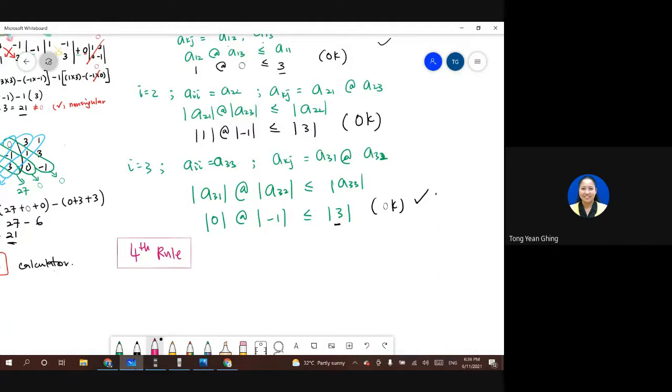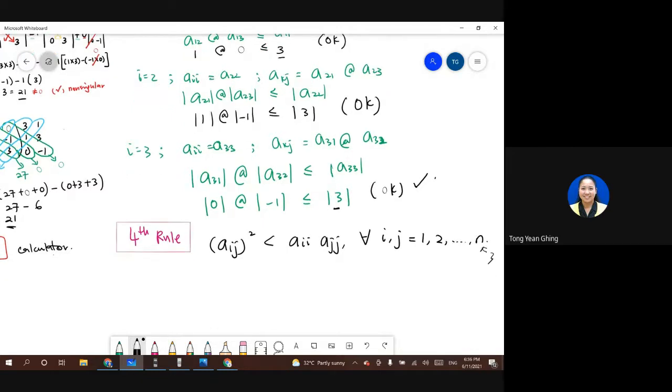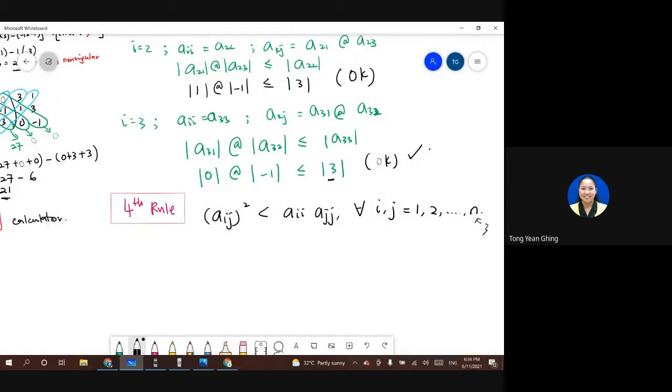The fourth rule is set here: A_IJ squared has to be smaller than A_II times A_JJ, for all I and J equal to 1, 2, until n. Because here we have a 3 by 3 matrix, n is only until 3. So similar to just now, using blue color, I equal to 1.